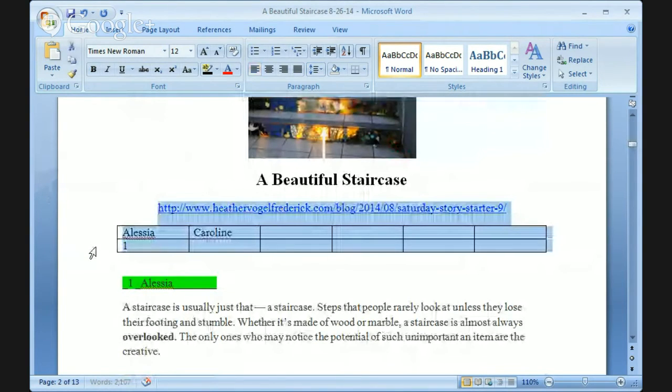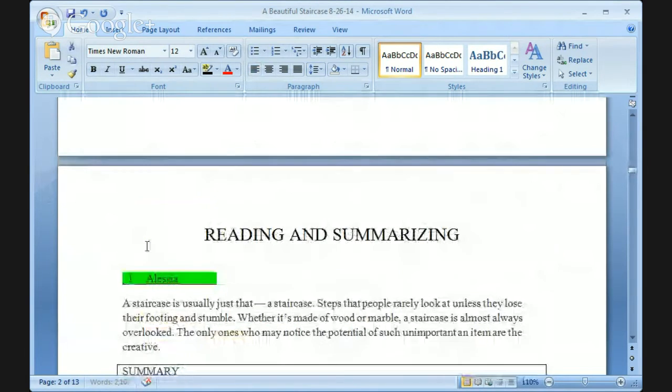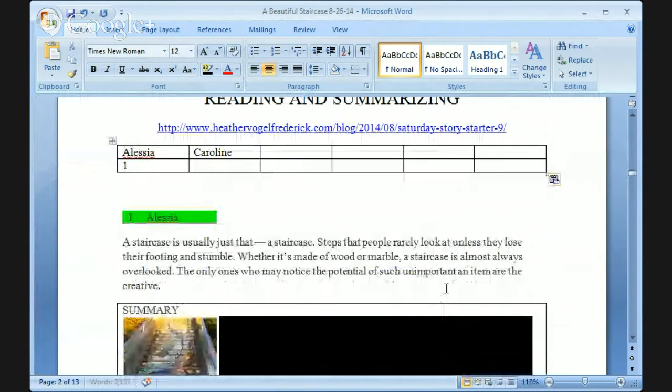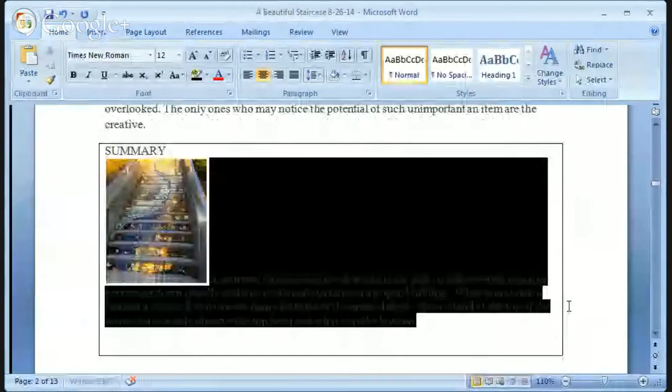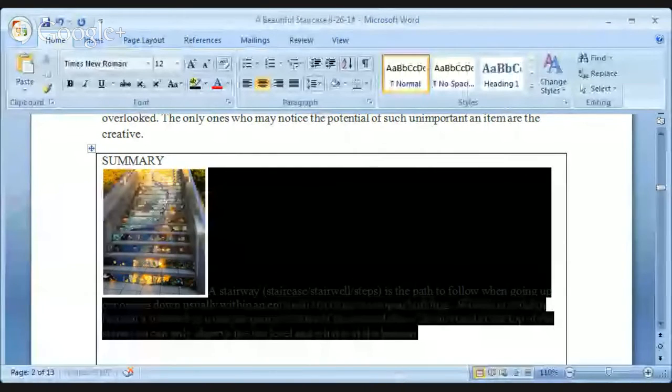Okay. The staircase is made with steps, and they are made with a different material. I could add glass too.